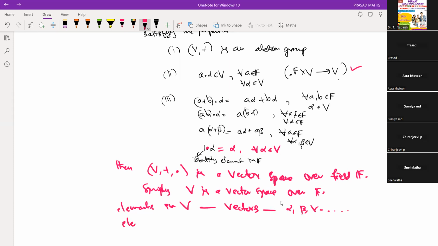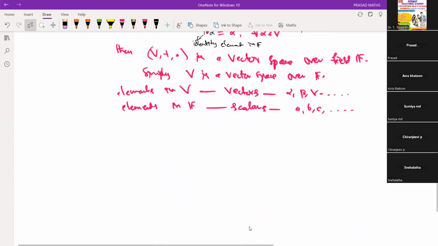And elements coming from the field are scalars. In general, I can denote these scalars by small a, b, c, d. Suppose you can take this as an example.